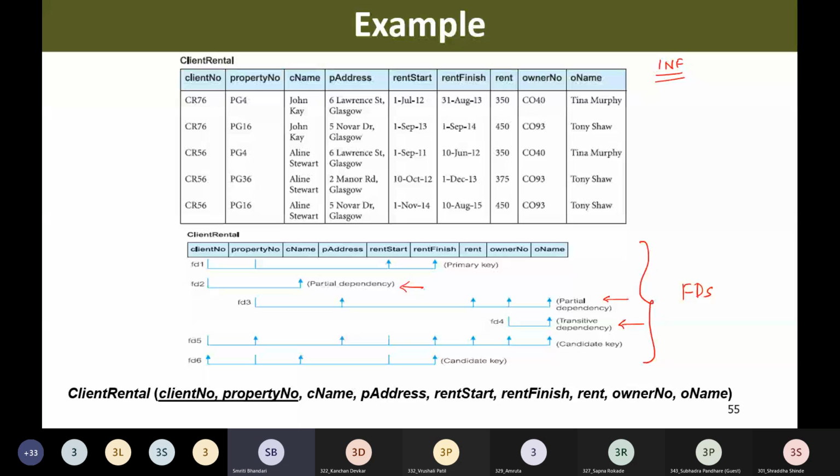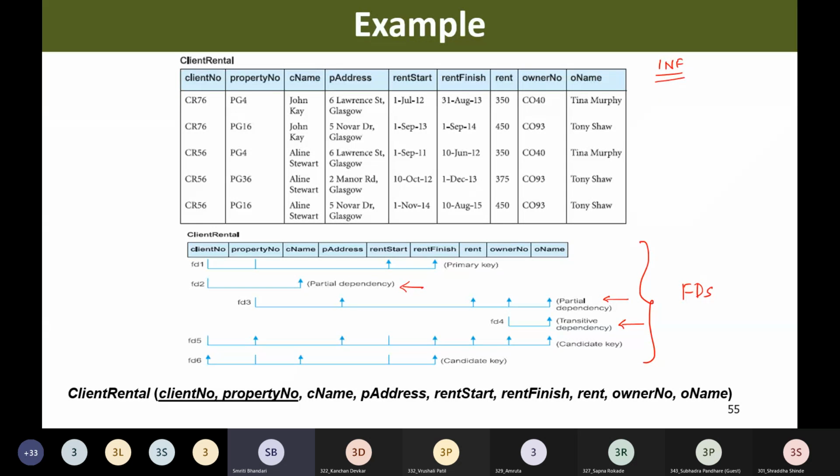But if my table is in 1NF and I have partial dependency, then I need to remove those partial dependencies and I may come up with a second normal form. If my second normal form has transitive dependencies, I need to remove those and I may come up with a third normal form and so on. Right? So once we have created a table in 1NF, we need to think of the functional dependencies that we have so that we can proceed with higher normal forms.